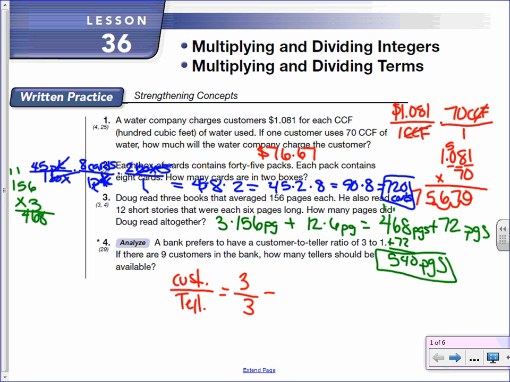Oops, not 3 to 3, 3 to 1. And then if there are 9 customers in the bank, so we put that in the spot for customers, how many tellers should be available? So we look and we say, well, to go from 3 to 9, we would have multiplied by 3. So 1 times 3 gives me 3 tellers.